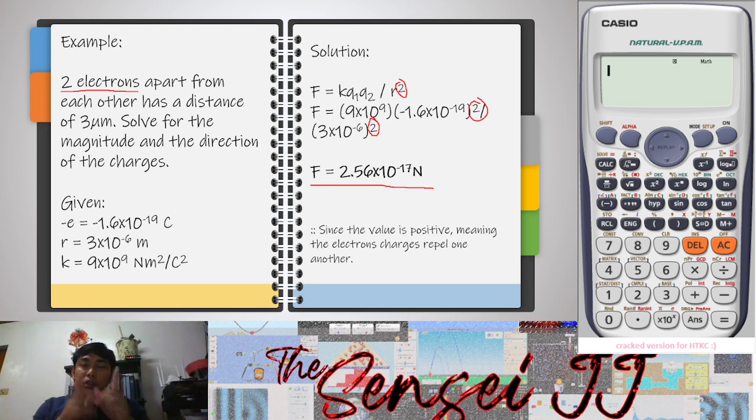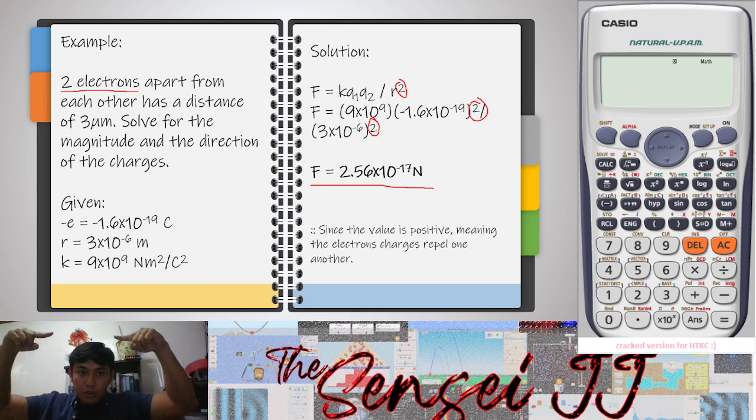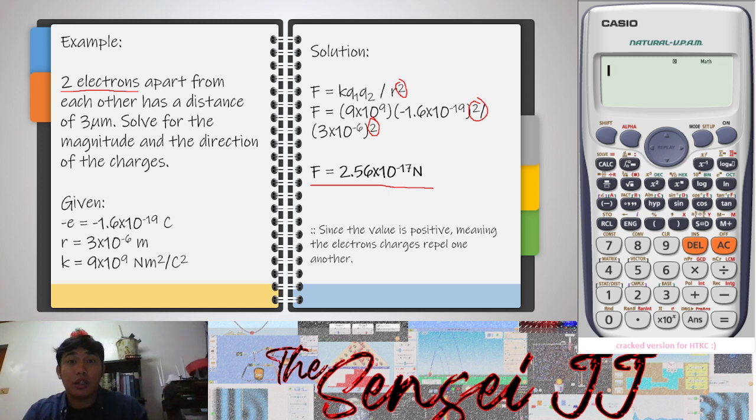If there is a positive force, meaning those two are going on a distance, they will be distancing themselves from each other. If there's a negative force, the two charges will be attracted towards each other. So we have here our force of 2.56 times 10 raised to negative 17.